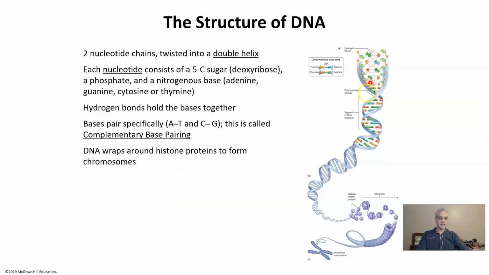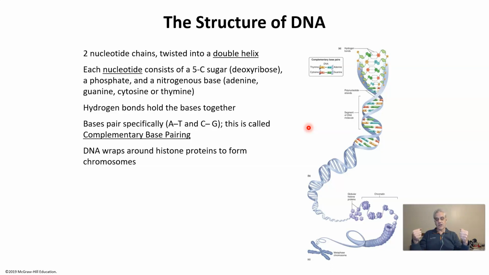Hydrogen bonds holding them together. Now the beauty of hydrogen bonds is we have this complementary base pairing that I've told you about now. Apples and trees, cars and garages. They're held together by hydrogen bonds, which are not very strong, but they're strong enough. And it turns out that when you want to pull the one side of the DNA from the other side of the DNA, you can do that.